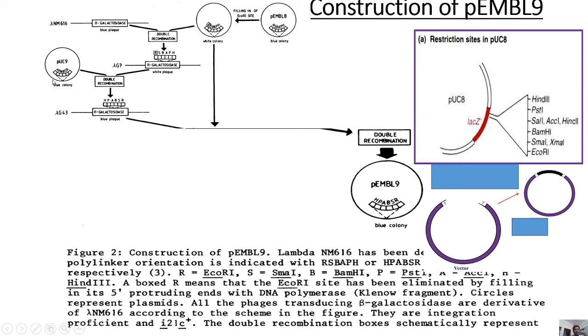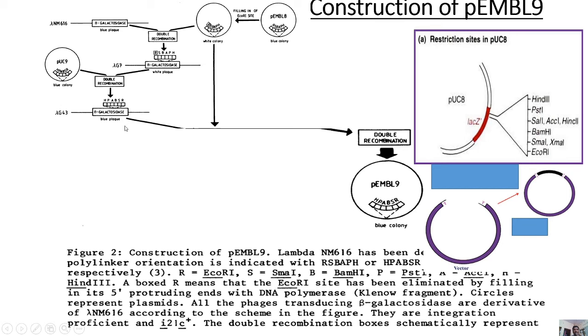After recombination, the pUC9 lacZ region is transferred to the lambda G7 region, and this region is transferred to pUC9. So a new vector develops, now called lambda G43. This lambda G43 has the lacZ region from pUC9.